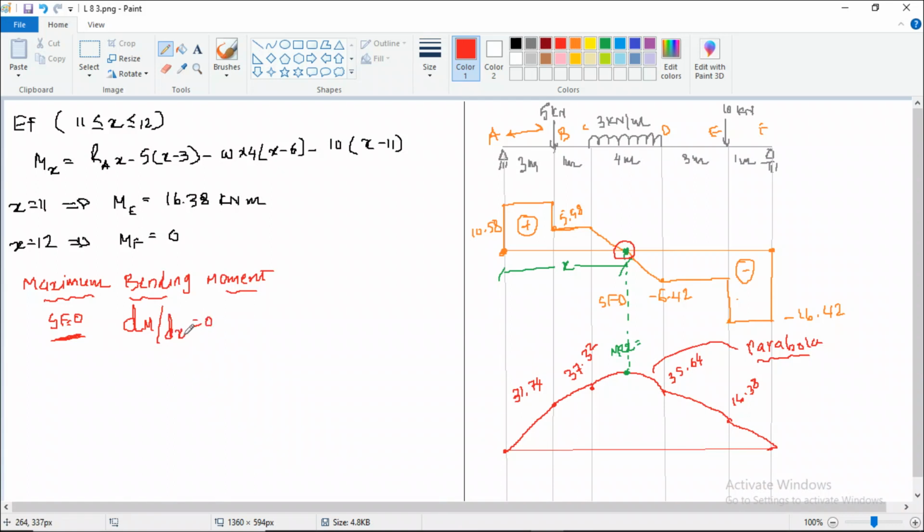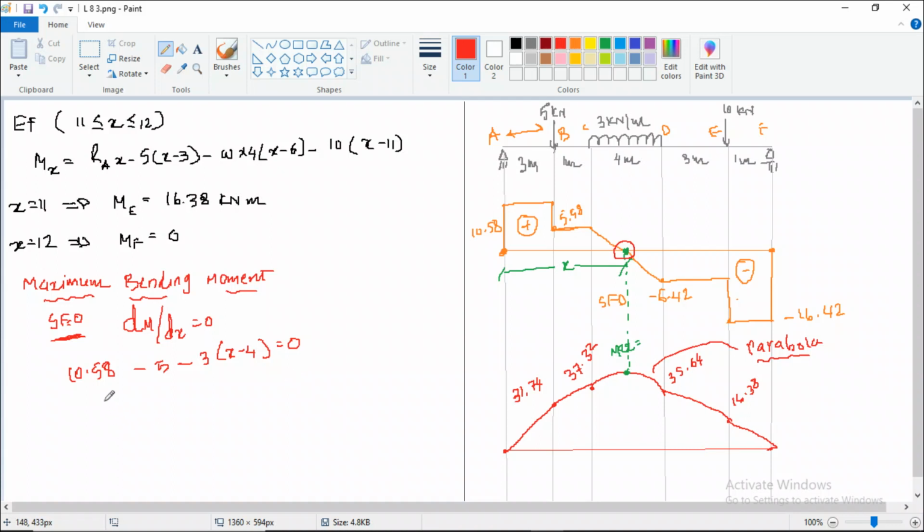Right? So if we take a section X, so we can have this as 10.58 minus 5 minus 3 into (x minus 4) is equal to 0.